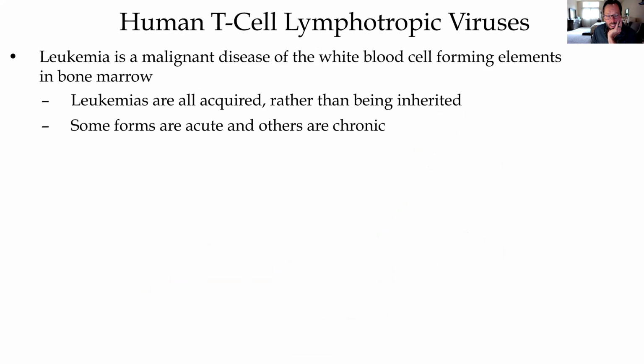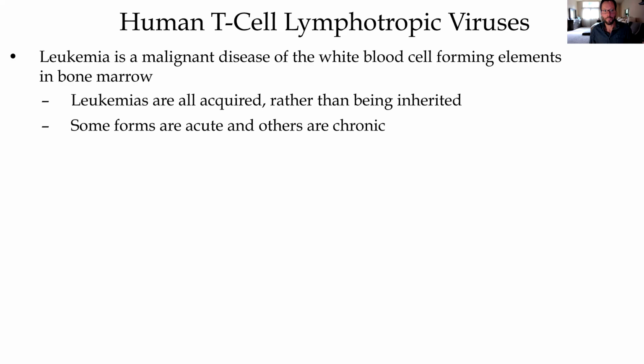Lymphotropic viruses, think leukemia, right? They are acquired, not inherited. Leukemia is a form of cancer, and cancer can come because you inherit a mutation from your parents, or you acquire that mutation during your life, whether by being exposed to some kind of carcinogen or whatnot.